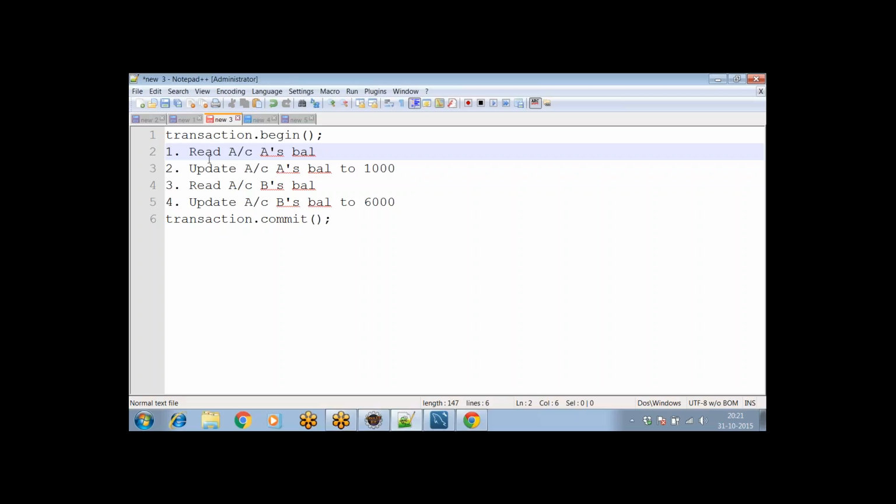Now the changes are only made to account A. So these changes done by the transaction before the error occurred should be rolled back. That means the changes have to be undone.